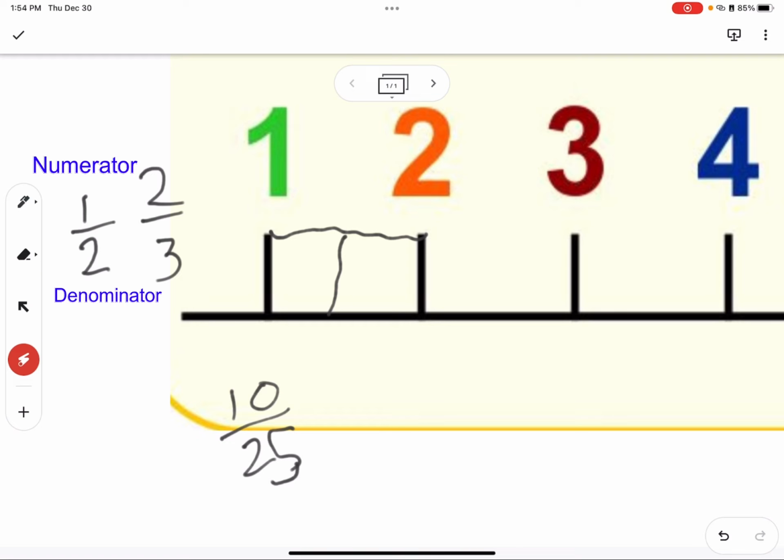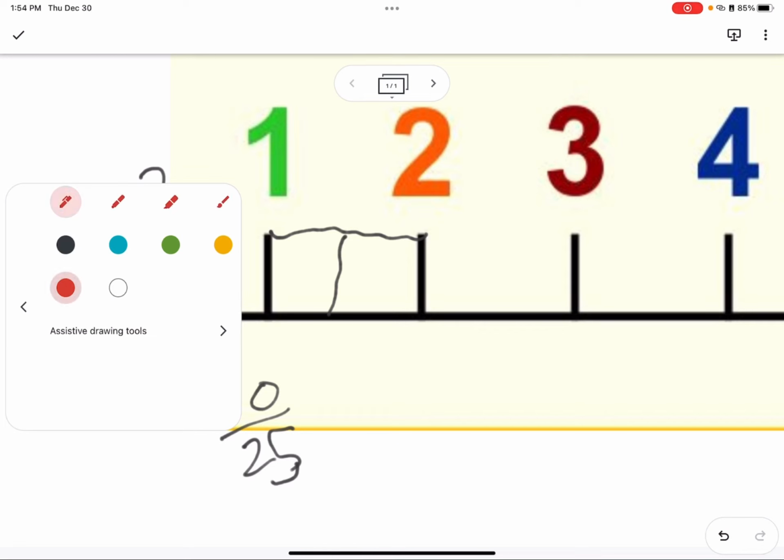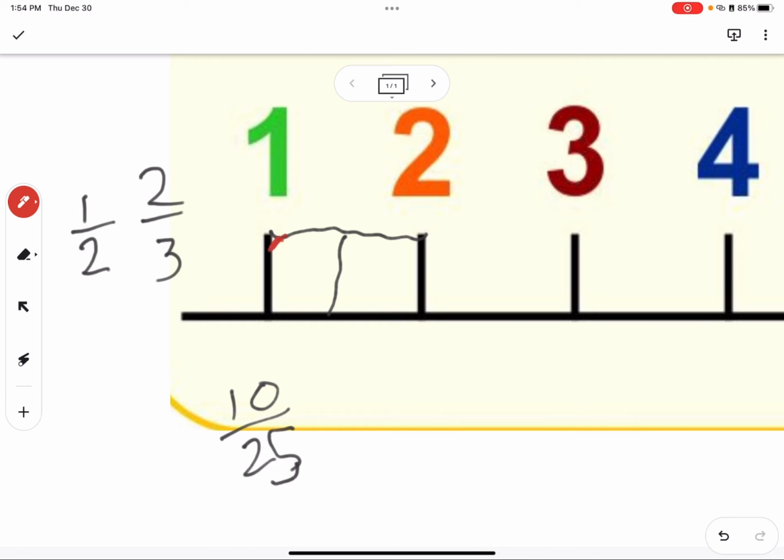So if it says shade in 1/2, well, the 2 says I've got 2 parts, and the 1 is how many parts I'm going to shade in. Let's change the color a little bit here. So we're going to shade in 1 of the 2 parts. I'm looking at 2 parts, but I only have 1 of them, okay?